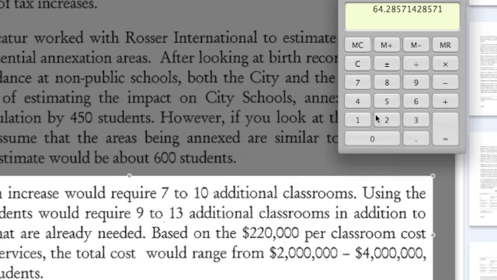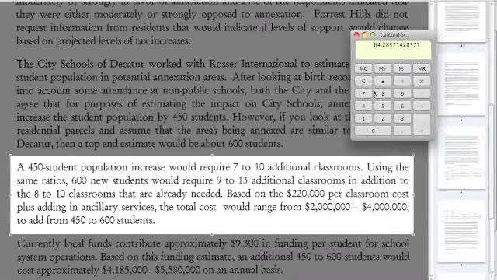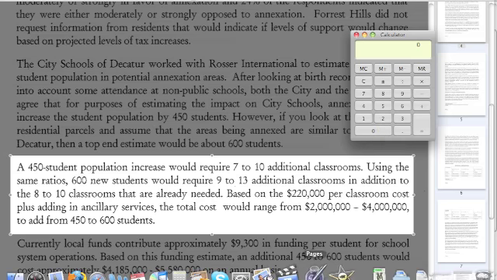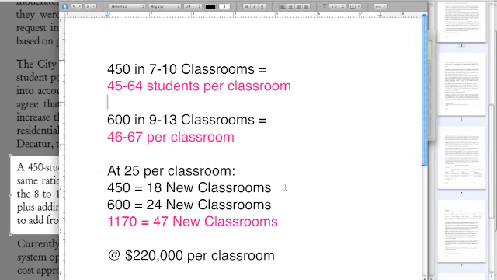Instead, what we need to do is look at a more reasonable number like 25 students per classroom. But let's do both these moves at the same time. Let's get our new high-end estimate, and here I've done it for you. At 25 students per classroom, 450 students would be 18 new classrooms, not 7 to 10. 600 students would be 24 new classrooms, not 9 to 13.